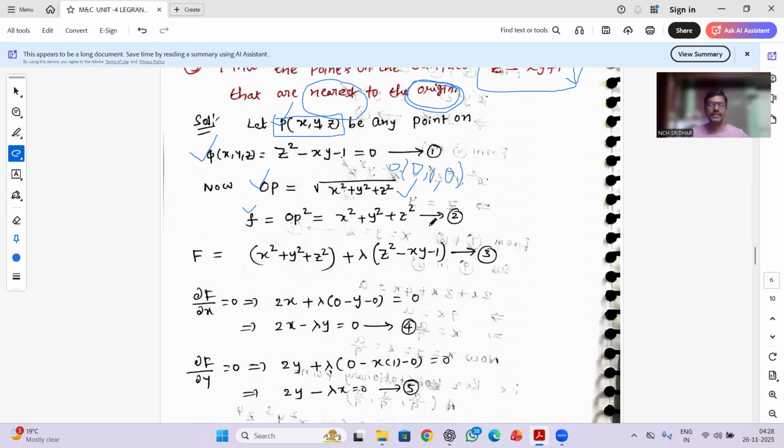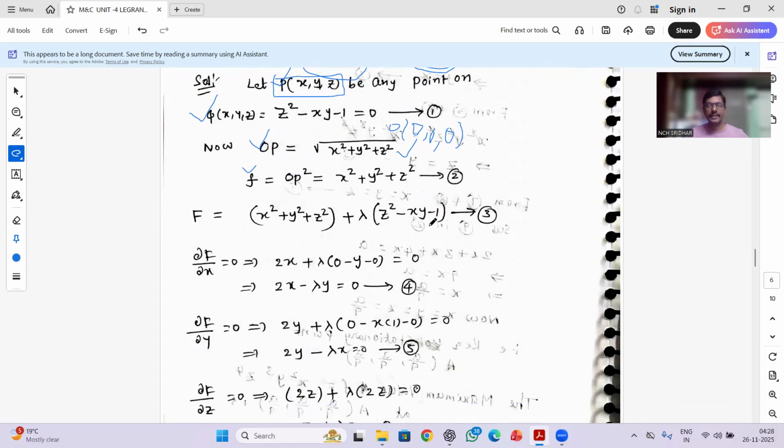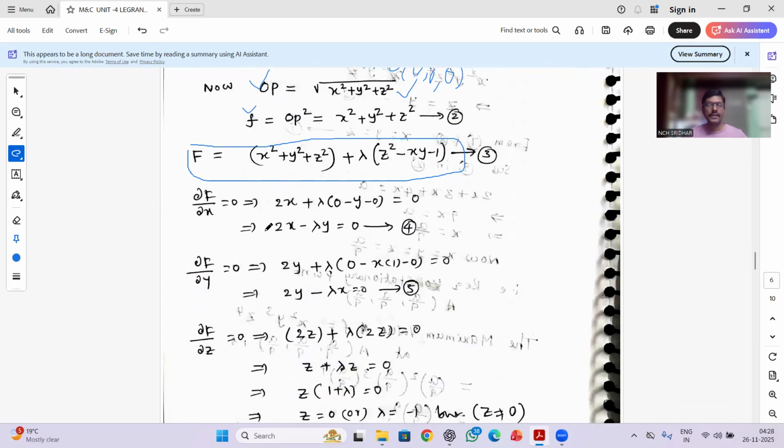Now the problem is the same as earlier. I am considering the Lagrange function, capital F equals x squared plus y squared plus z squared plus lambda times (z squared minus xy minus 1). Now taking partial differentiation with respect to x, y and z.